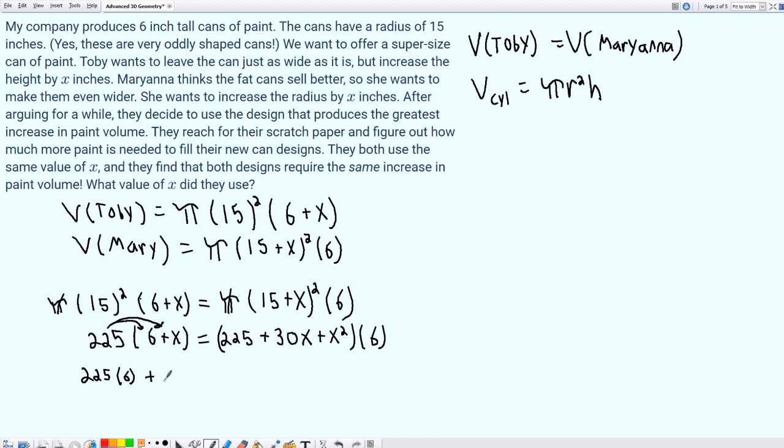So then we have plus 225x equals, now distributing this 6, we have 225 times 6 plus, we have 6 times 30, which would be 180x.